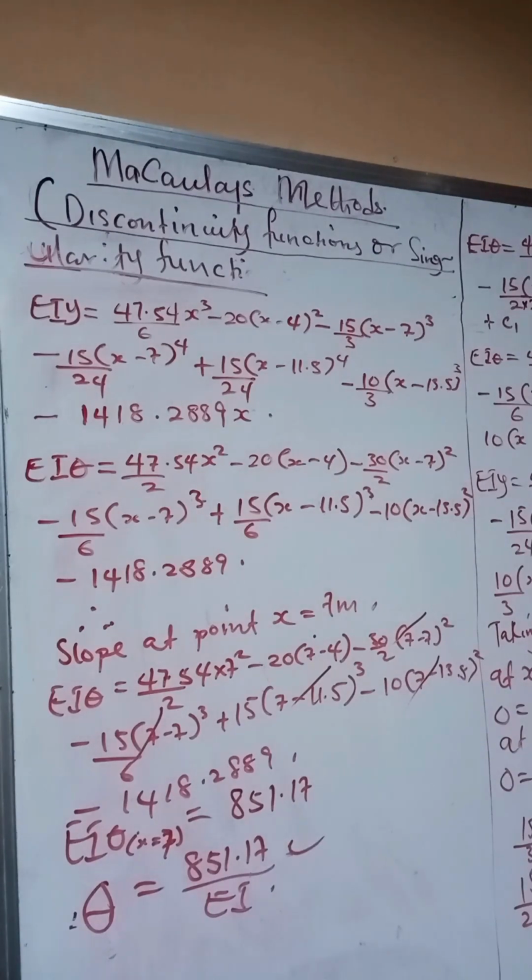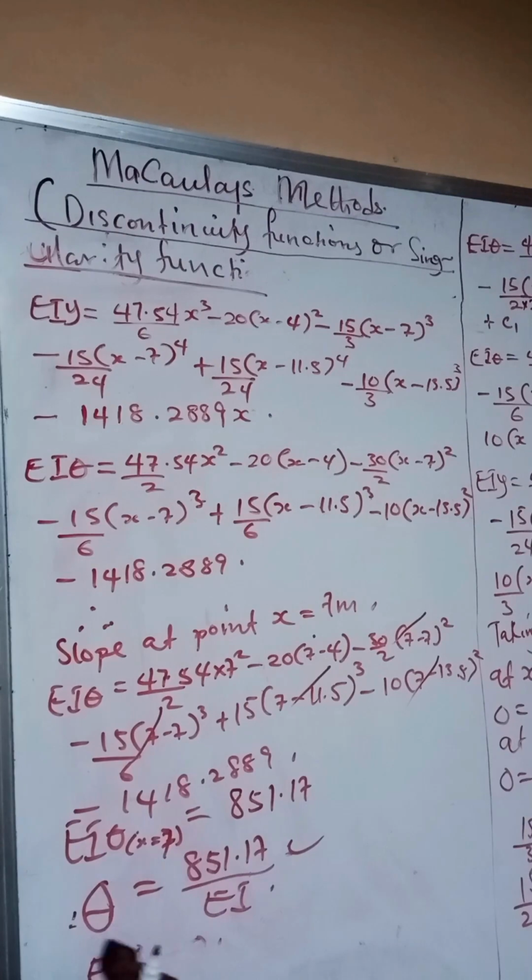Now the next question is calculating the deflection of this beam. For us to do the deflection, we will equate this expression to be 0. If we do this, the maximum deflection will occur when this expression is 0.